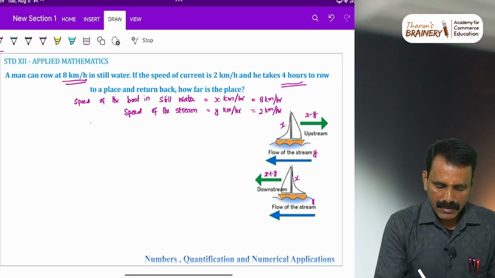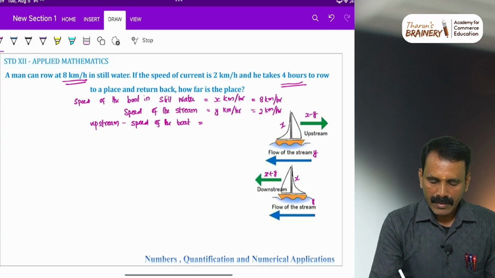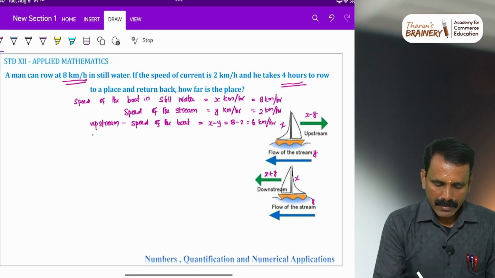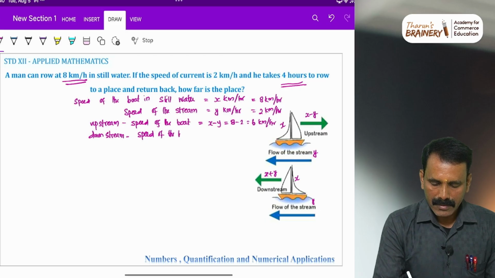Now, upstream speed of the boat is reduced. So x minus y, which is nothing but 8 minus 2, it is 6 kilometer per hour. Downstream, speed of the boat, it is going to be increased.